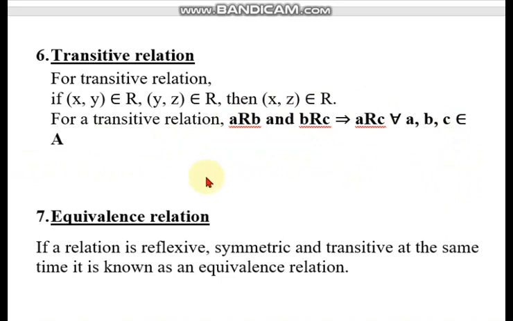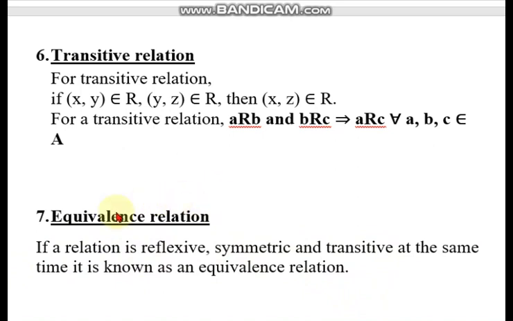Yes. Now equivalence relation. If a relation is reflexive, symmetric and transitive at the same time, it is known as the equivalence relation. So if we are talking about any relation which is reflexive, symmetric as well as transitive, then only it is called equivalence relation.